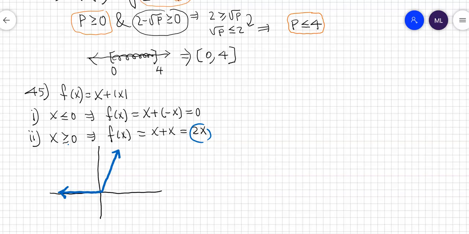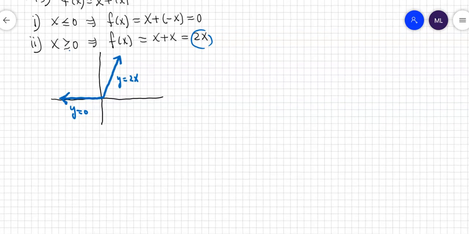So this is y equals 0. This is y equal to 2x. That's the graph, okay? And that's 45. And then let's go to 46. You do 46 and then 47. I'll do a difficult one.